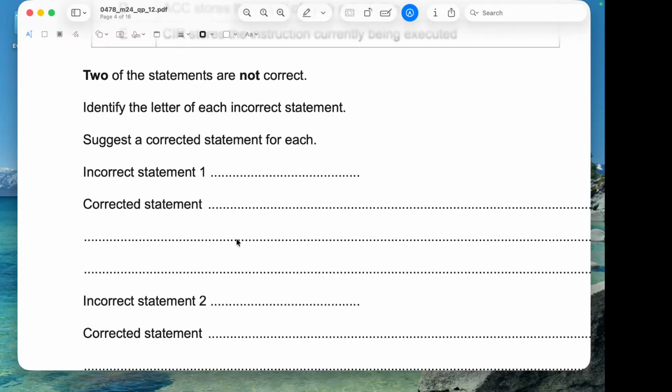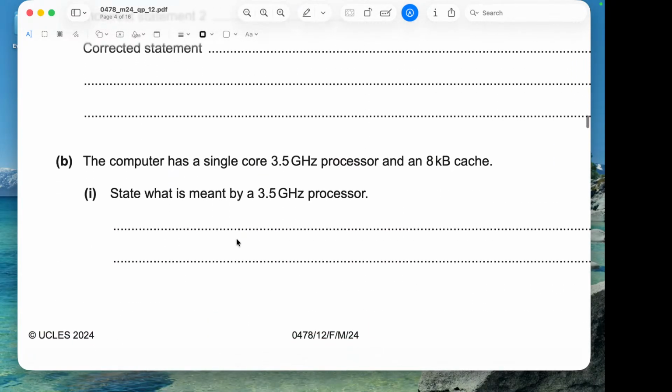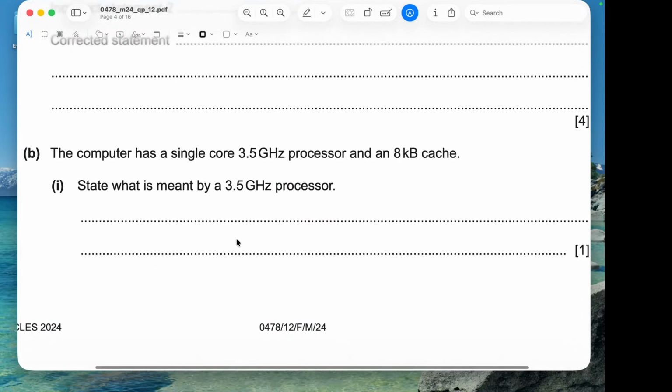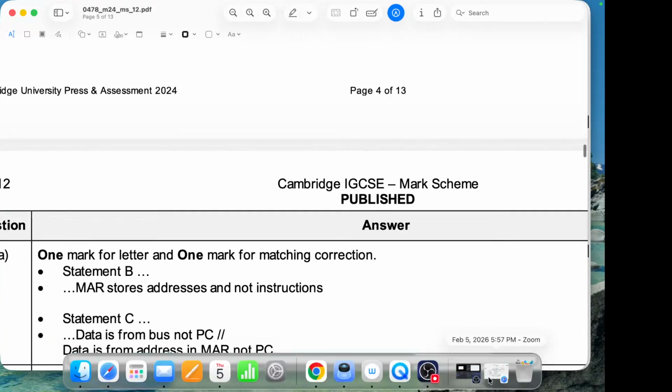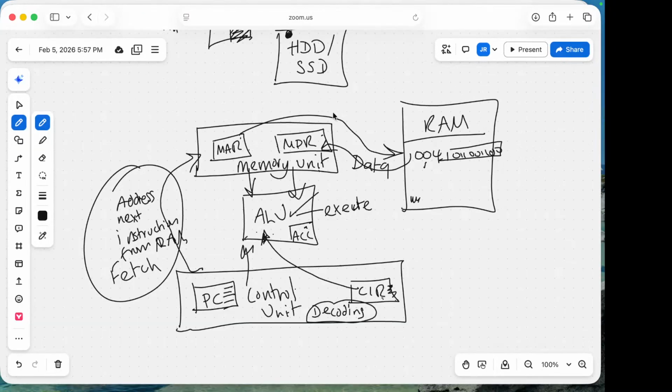So we've got those two corrected, and it says, oh yeah, they seem to like asking these questions as well. A computer has a single core 3.5 gigahertz processor and an 8 kilobyte cache. So the cache is what I was talking about here, not here, here. Effectively, it's the memory unit on the CPU is pretty much the cache.